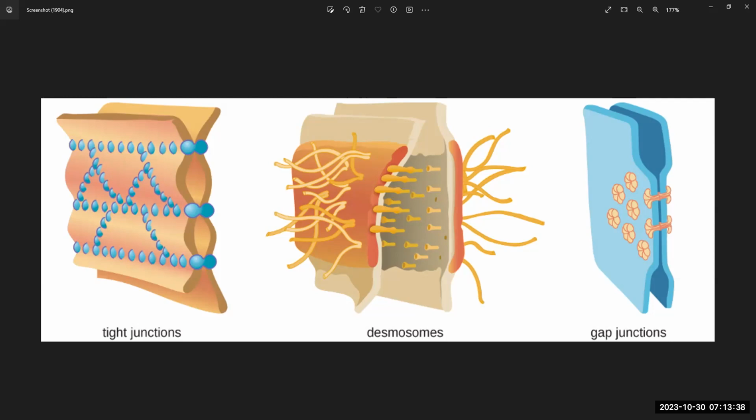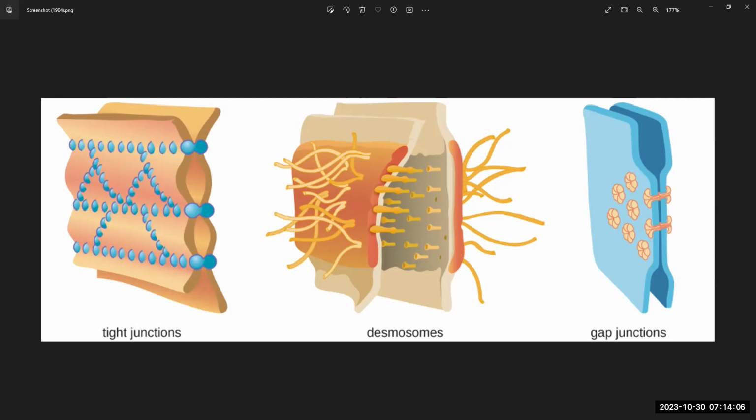The third one, as the name indicates, is gap junctions. Naturally, there are gaps between these junctions, which provide channels between two cells that permit communication between them. The communication can be in the form of signals as well. So these three are the different types of cell junctions found in human tissues.